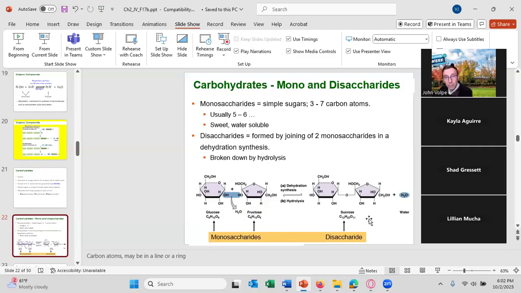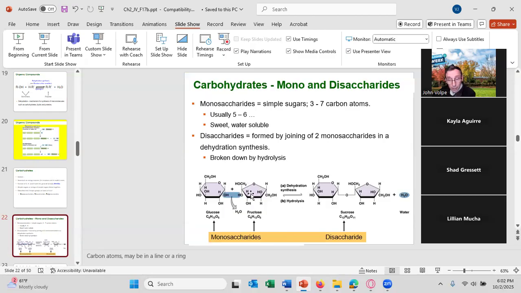Monosaccharides are always simple sugars between 3 and 7 carbon atoms, but most monosaccharides have 5 or 6 carbons. Glucose and fructose each have 6 carbons.